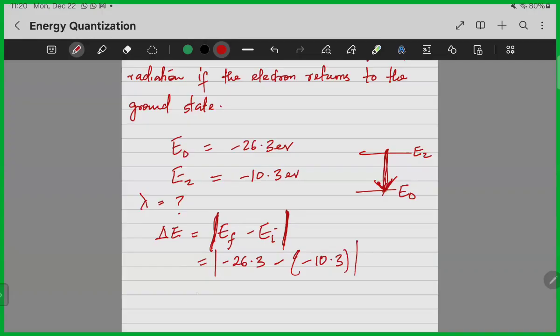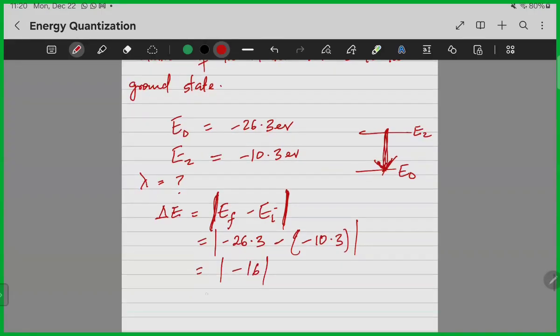You know what that modulus, absolute sign means? It means you take out the negative in your final answer. So we get 16, and don't forget that this will now be 16 electron volt, the unit we were using.